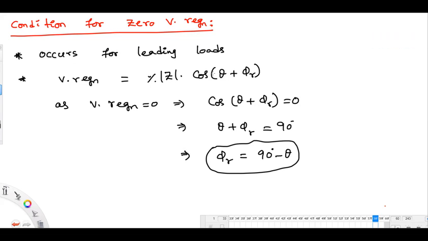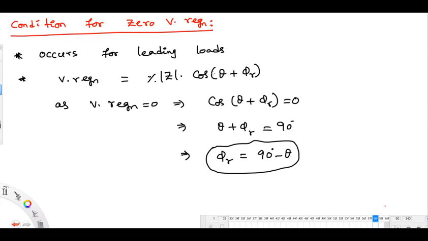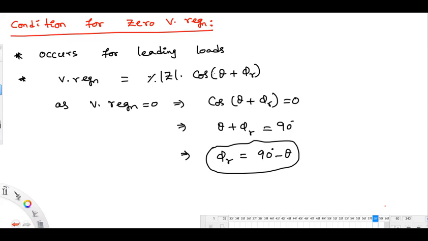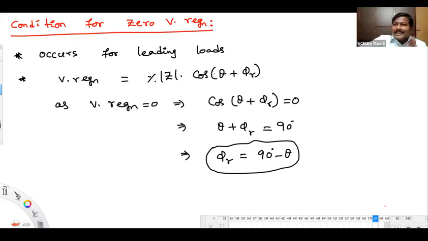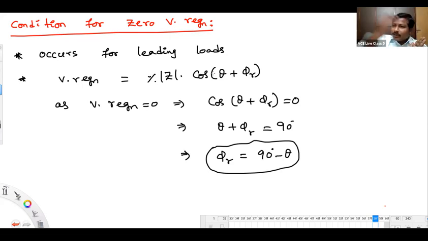For example, we keep a voltage source at one point and measure current at some other point in the network. The response is current and voltage is the excitation.